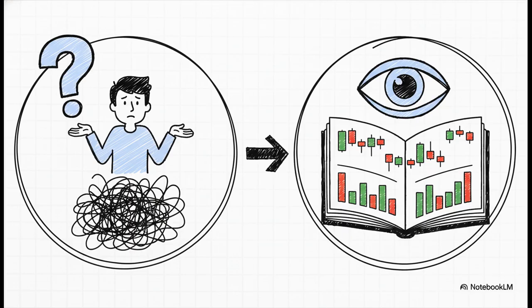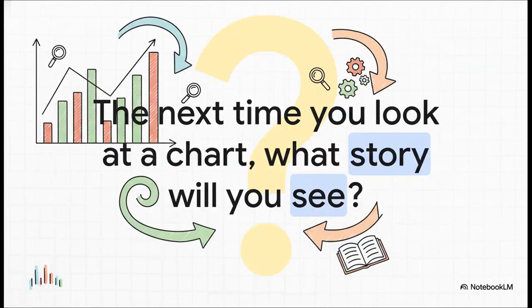You're not just looking at squiggly lines anymore. You're actually reading the story of effort versus result, of supply versus demand, a story of the real intentions of the market's biggest players. So I'll leave you with this one question. Armed with this brand new lens of harmony and discord, the next time you pull up a chart, don't just look at the price. Look at the volume. What story will you see?